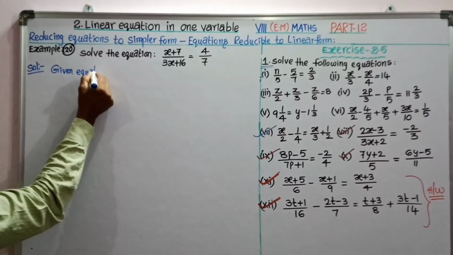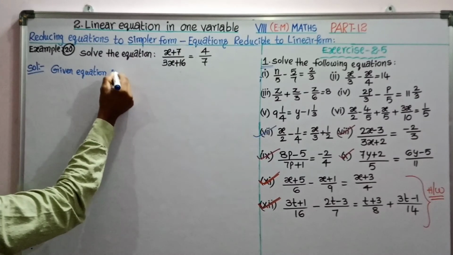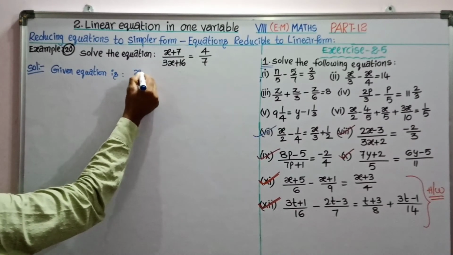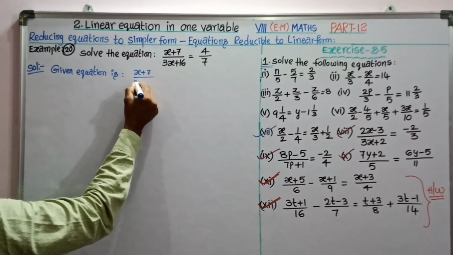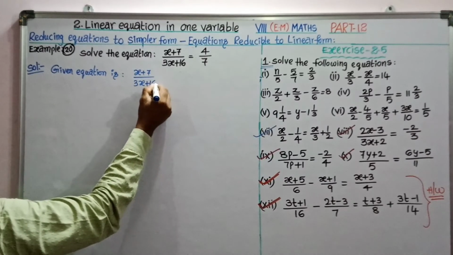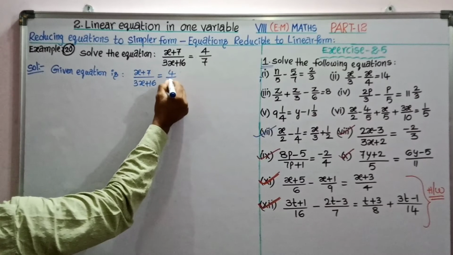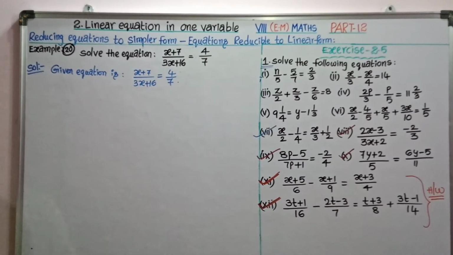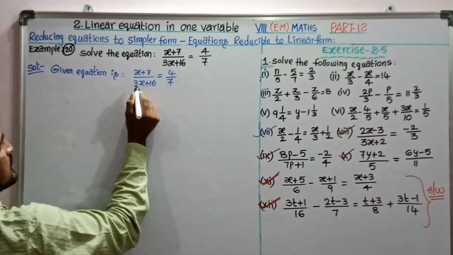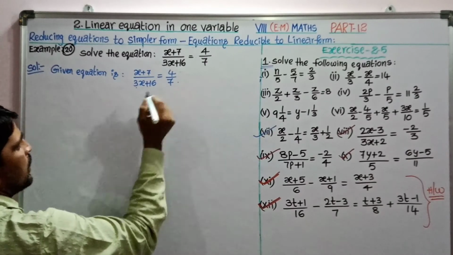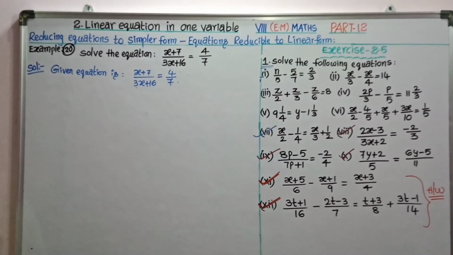Given equation is x plus 7 by 3x plus 16 which is equal 4 by 7. Okay. So, denominator of LHS is 3x plus 16 and denominator of RHS is 7.